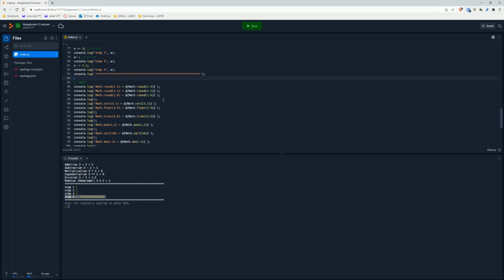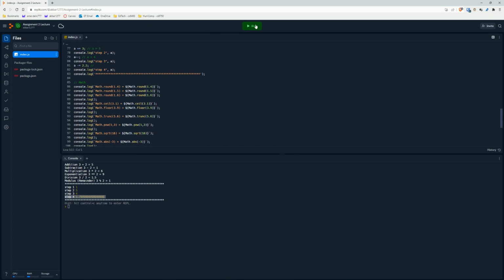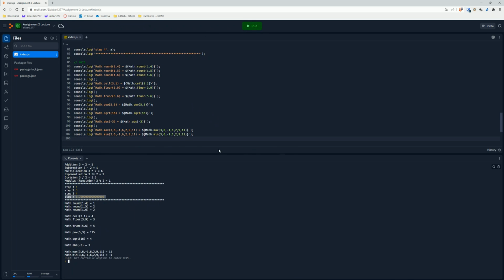And then the math library itself is right here. So let's go ahead and run this so we can get the output for it. This isn't the entire library. There is way more functionality in this library.